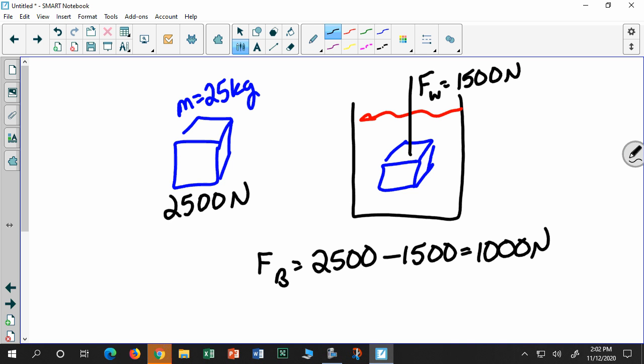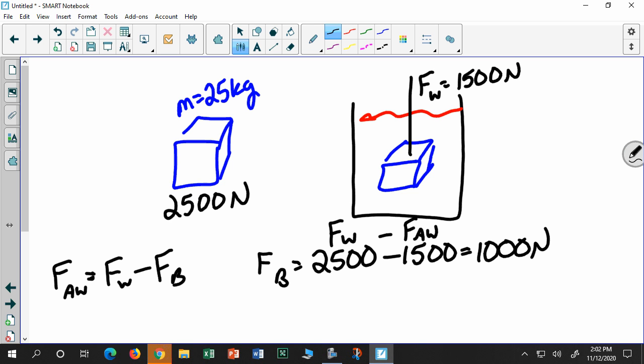Because it appears to be 1,000 newtons lighter than its actual weight. That's apparent weight: something appears to be lighter than it actually is, and it appears lighter because of the buoyant force. The apparent weight is equal to the actual weight minus the buoyant force, and so the buoyant force is equal to the actual weight minus the apparent weight.